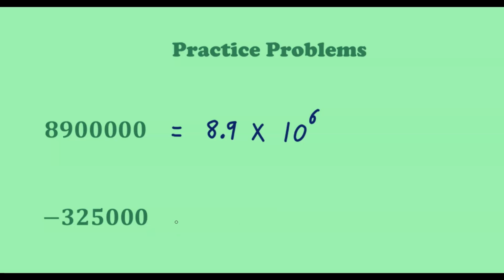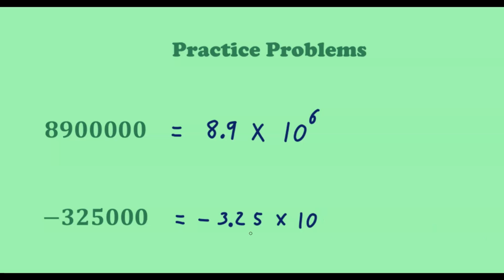Let us consider the next number. We have negative 325,000. So first of all, we're going to write all of the non-zero digits, and we're going to include the sign. So we have negative 325. And we're going to place the decimal point right after the first non-zero digit, which is 3. With this, we multiply 10 to the power of something.